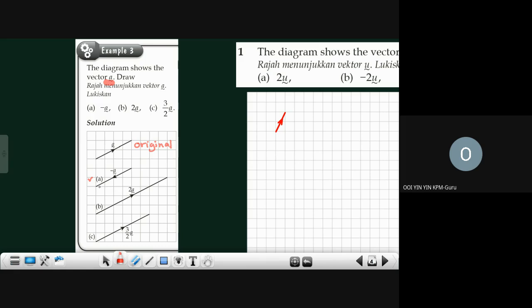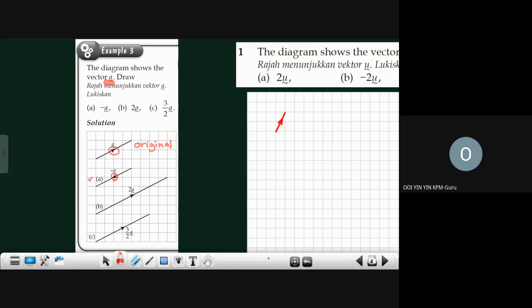Then at your negative A here, the magnitude is horizontally 4 units, vertically 2 units. Just what is the difference? Can you see? Yes, it's the arrow direction that is different.